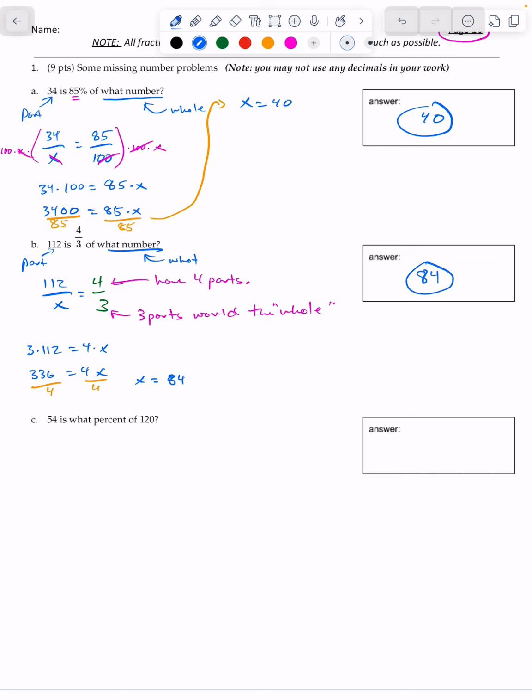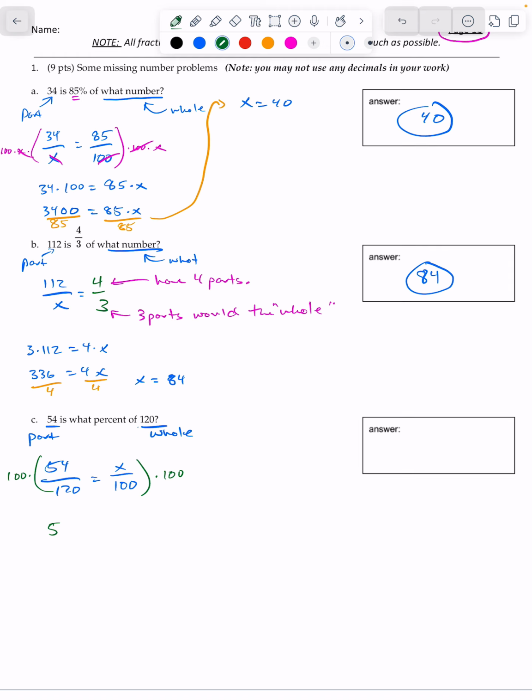54 is what percent of 120? And again, we've got part, whole, and we know that the whole of the percent is going to be 100. So this is 54 over 120 equals x over 100. And now I don't need to multiply by both denominators. All I need to do is multiply by 100 on both sides.